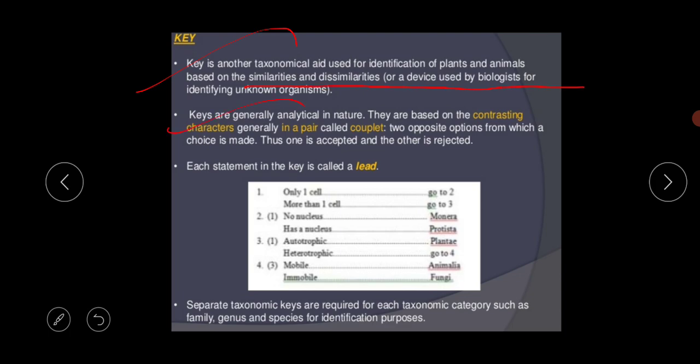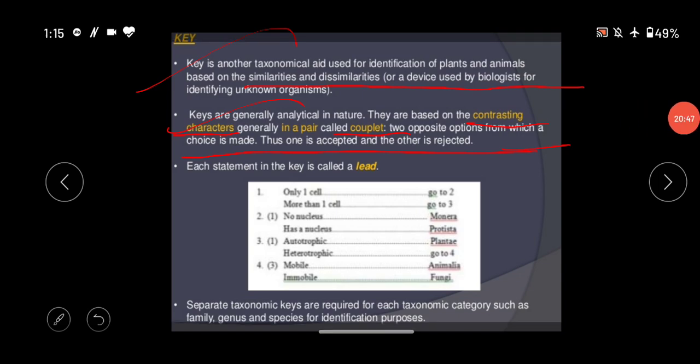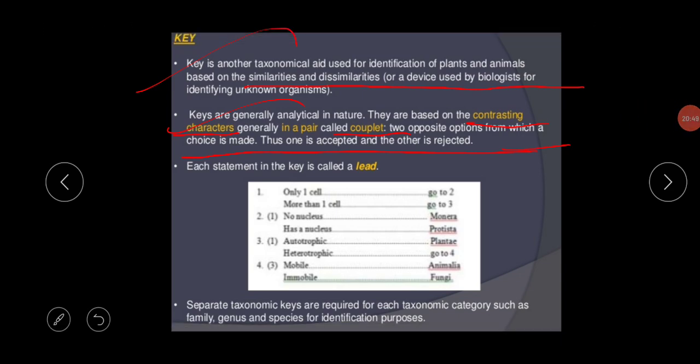Keys are generally analytical in nature and are based on contrasting characteristics, generally in a pair called the couplet. So there are two opposite options from which a choice is made: one is accepted and the other is rejected. Each statement in the key is called a lead. Taxonomic keys are of two types, bracketed and indented.